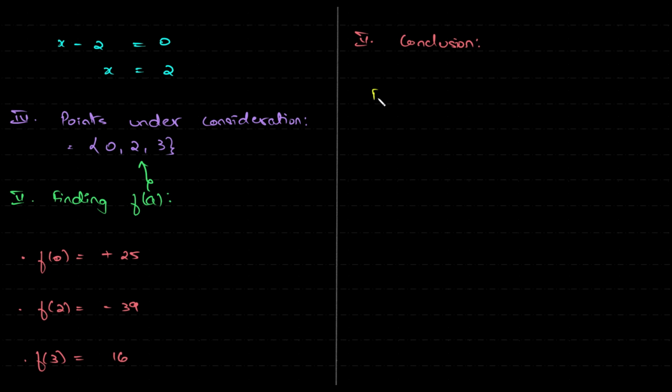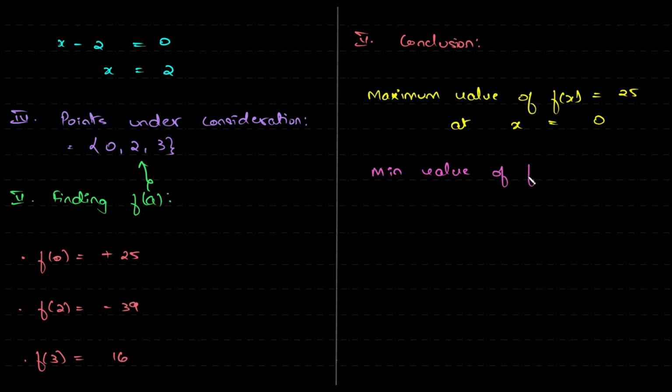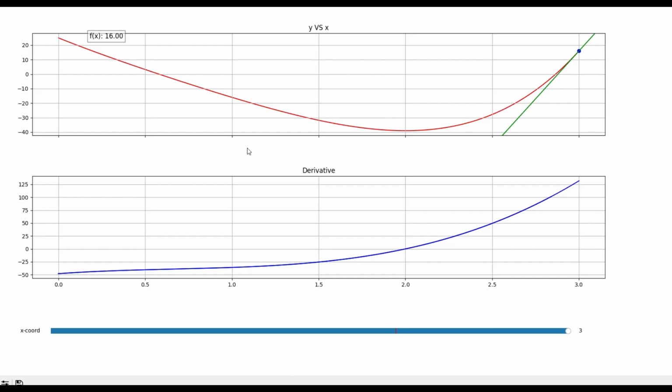So the maximum value of f of x is equal to 25 at x is equal to 0, and the minimum value of f of x is equal to minus 39 at x is equal to 2. Correct? You can see that from the graph itself. It's very clear. So that would be your answer.